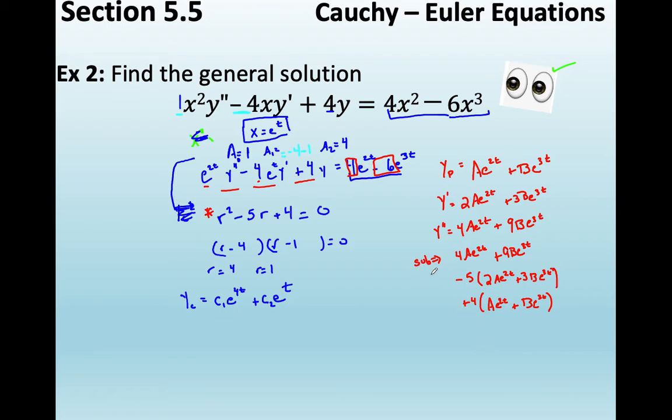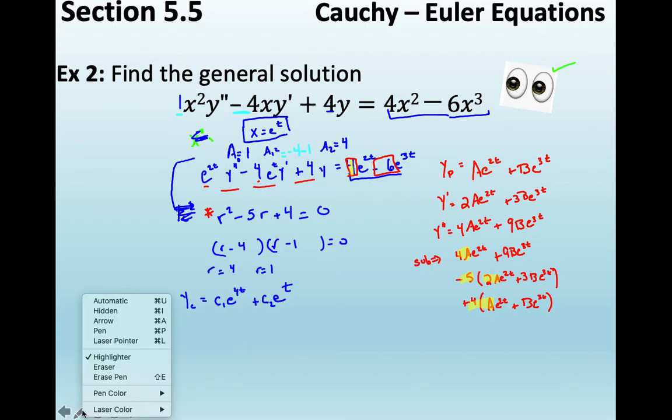So what do I want? I want my e to the 2t's. So I have 4a and negative 10a, and then plus 4a, and that's all going to equal 4.